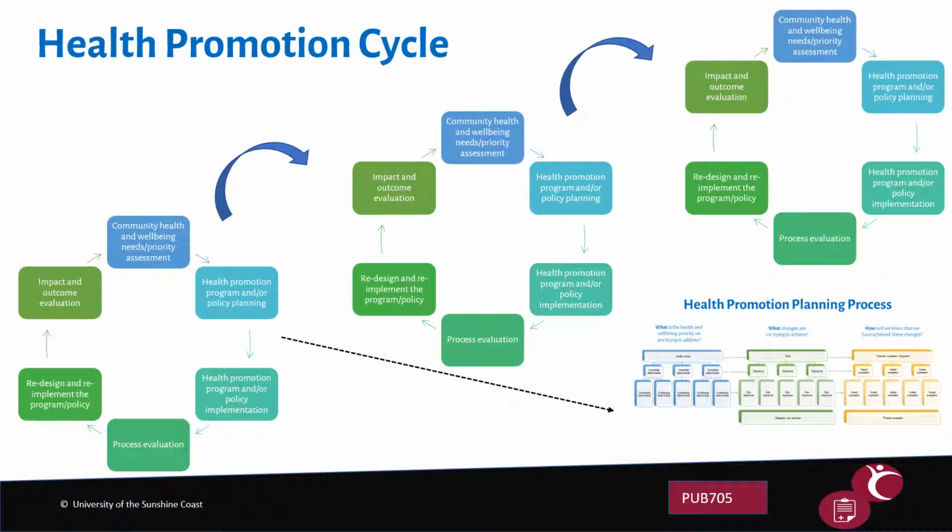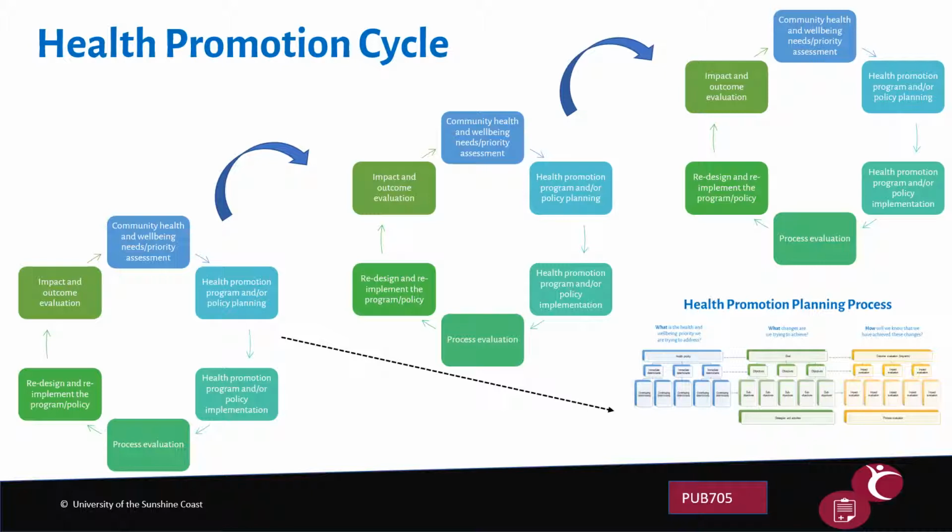So specifically in this course, we're going to start with having a look at what the health and wellbeing priority we are trying to address is. So if you track down to the arrow, you can see that little health promotion planning process in the corner. Once we've actually done our analysis, we use that analysis as the basis to develop goals and objectives, which are essentially about being very clear about what changes we are trying to achieve in the determinants of health that we have identified in the short and the longer term.